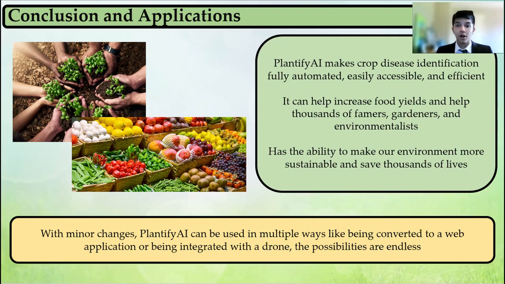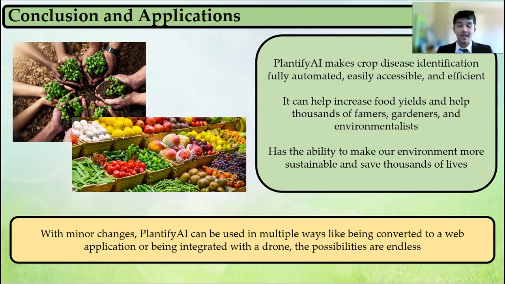This app can also make our world more sustainable by protecting our environment and encouraging usage of proper tools in developing and underdeveloped countries. PlantifyAI allows farmers all around the world to produce crops in an ecologically sustainable way while not having to worry about unknown crop diseases. It has the ability to save thousands of lives every year and promote the usage of proper agricultural tools.